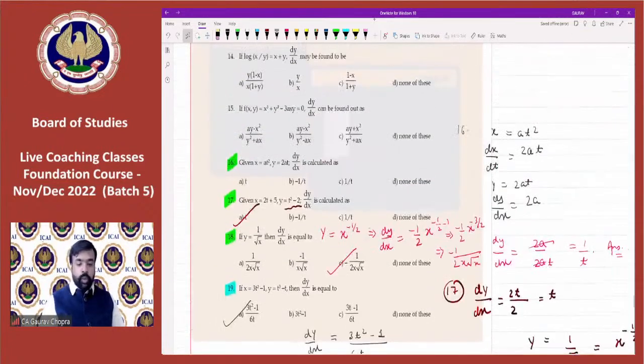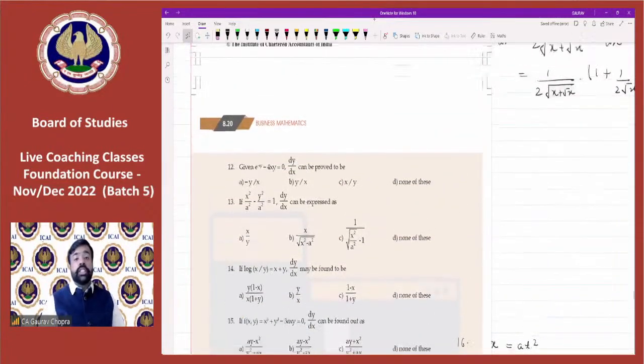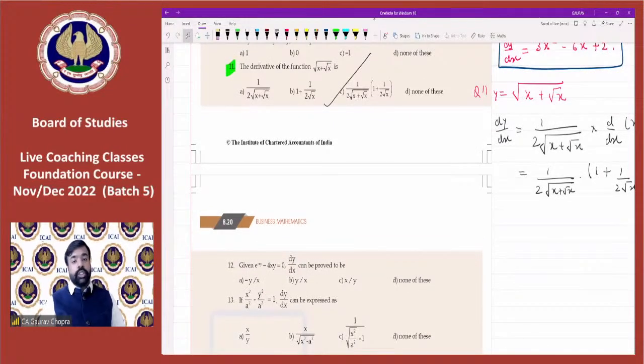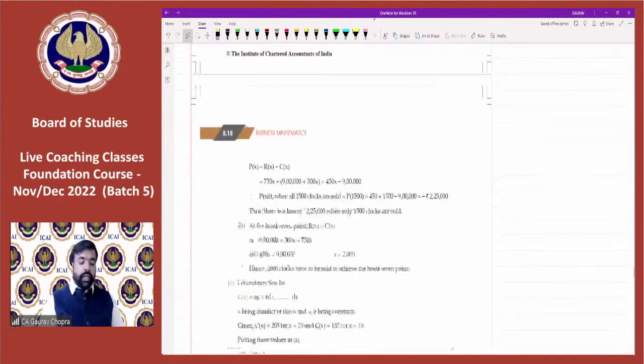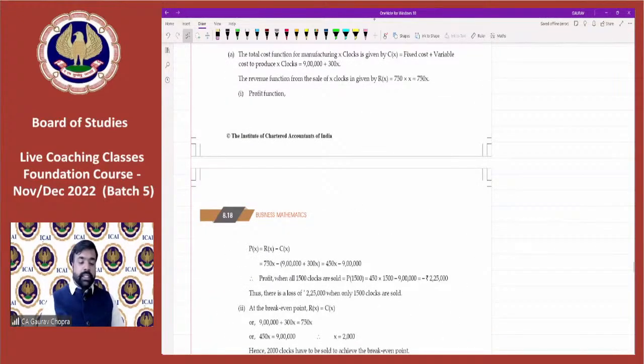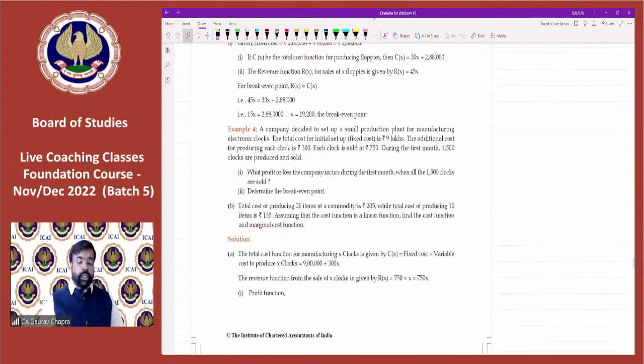So this was all about differentiation. Differentiation simply means the rate of change in one variable with respect to another variable. In most places, we have to differentiate y with respect to x. So we have done it with one variable, with two variables, as well as with three variables. So this variety we have covered. We have covered all the basic formulas, and in the next session, we will be merging some economics with differentiation, like marginal cost, marginal revenue.